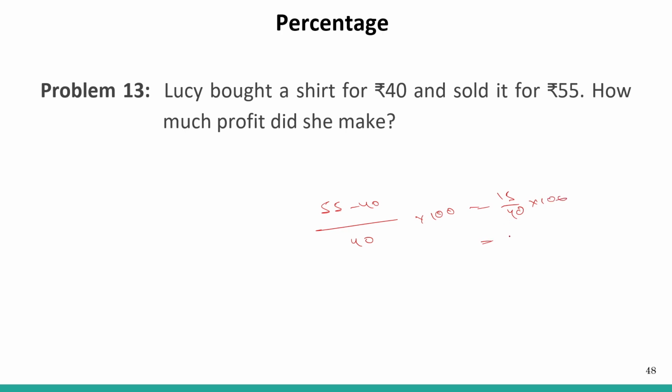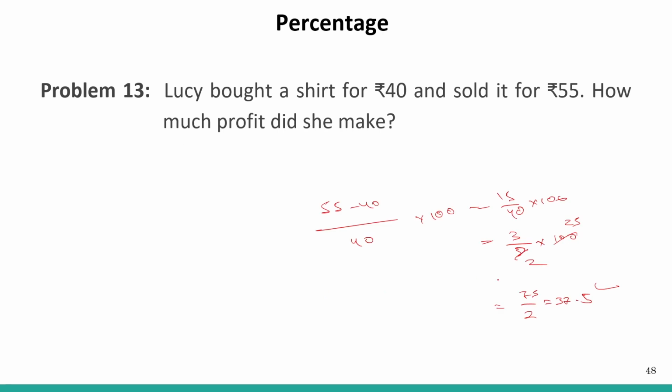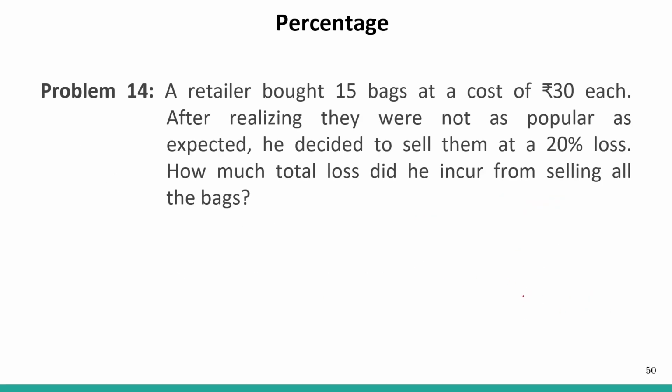That will be equal to 3 by 8 into 100, which is 75 by 2, equal to 37.5. That is the answer. So she made a profit, and in percentage, she made this much as profit.